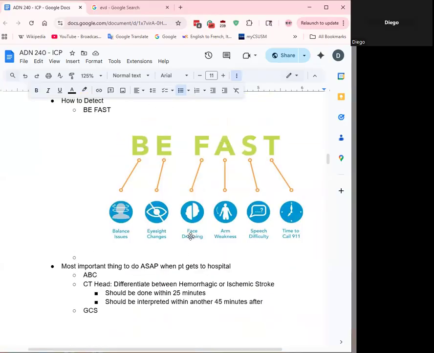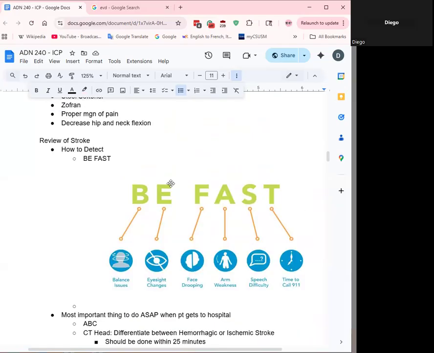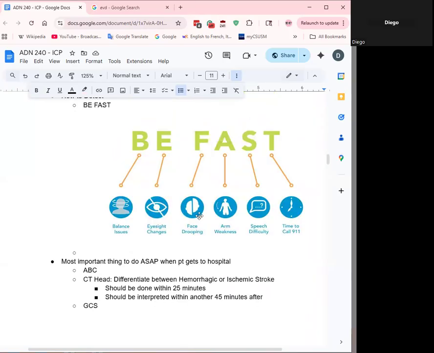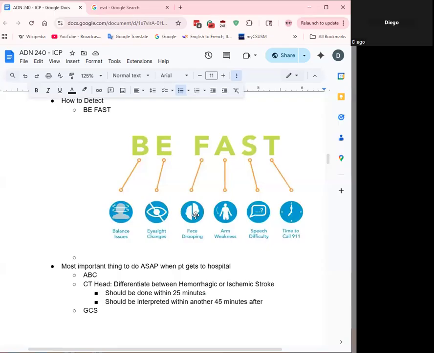One of your ways to make that initial judgment call is through the BE-FAST acronym: changes in your balance, difficulty balancing yourself, visual changes, facial droop, arm weakness, speech difficulty, and then the T is time to call 911. This person shouldn't be driving themselves. You should call an ambulance in case things start to crash.